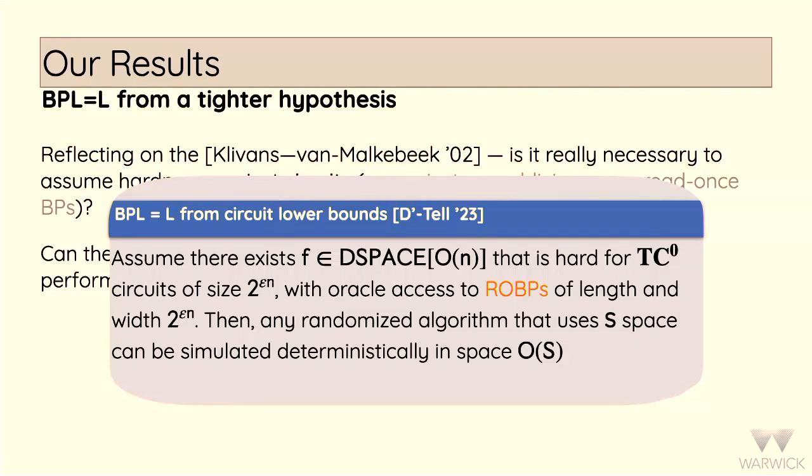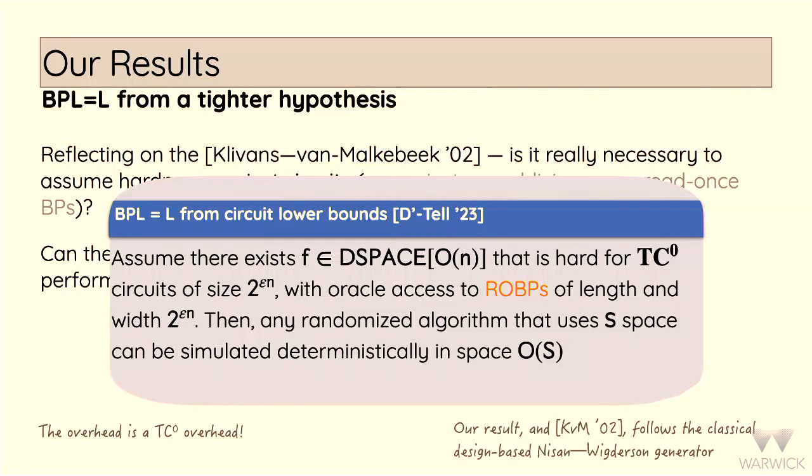This is laying the groundwork and getting a better overhead. It's still S to O(S), but this is where we start. So we get a TC0 overhead in this framework, and it follows the classical design-based Nisan-Wigderson generator.